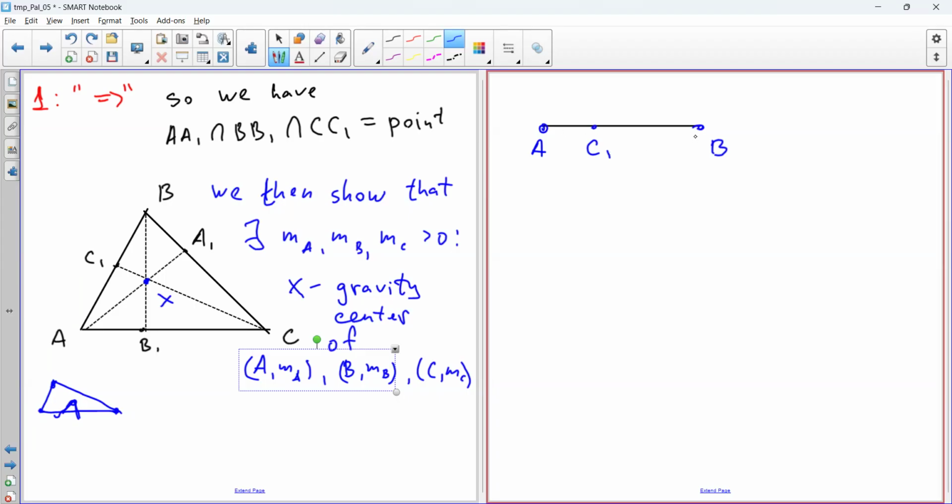So coming back to this, we have some particular length of this segment, which is not that interesting. We have some particular ratio here. So that would be alpha and 1 minus alpha. Let alpha equal AC1 to AB.